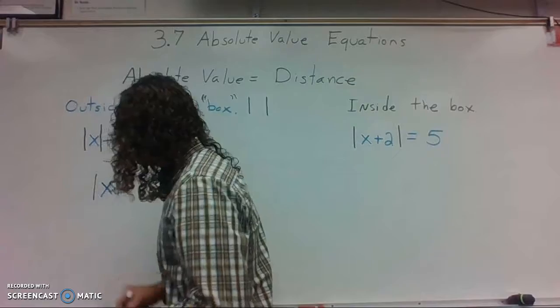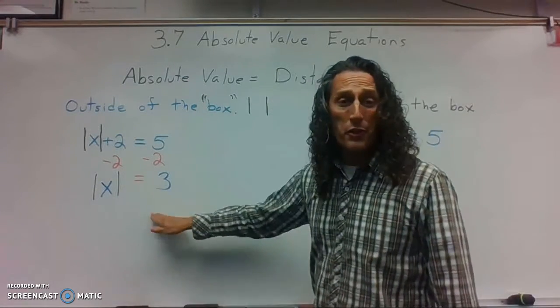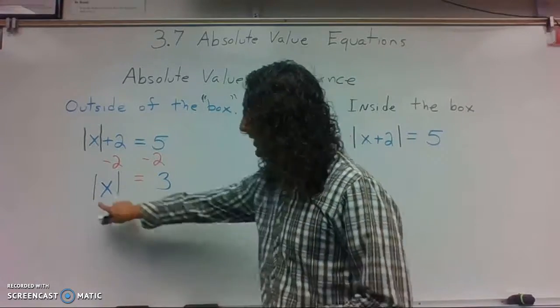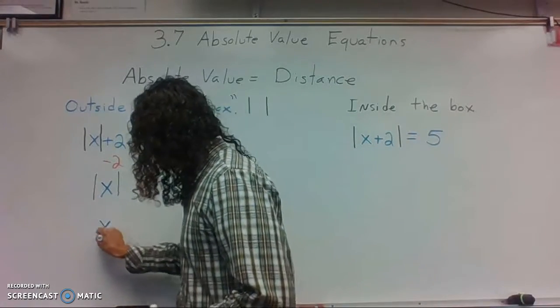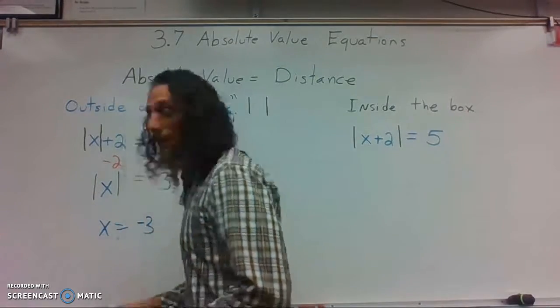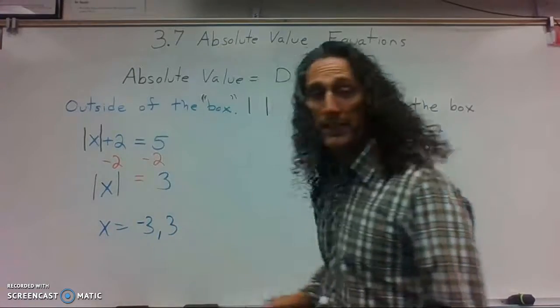And then again, what does that mean? 3 spaces to the right, 3 spaces to the left. So to get rid of these two, you just now write the x. 3 spaces to the left is, of course, going to be negative. And 3 spaces to the right is going to be positive. And then this one is done, right?